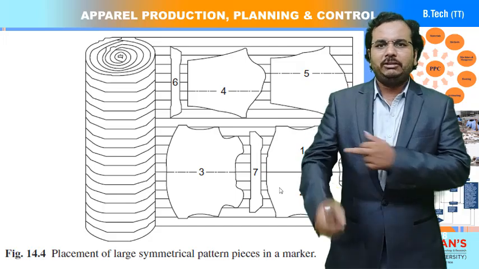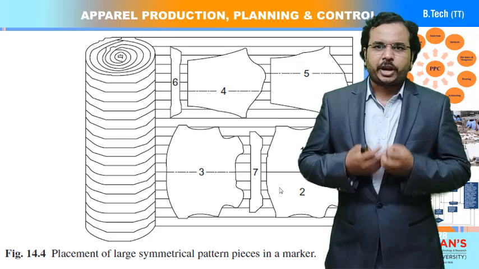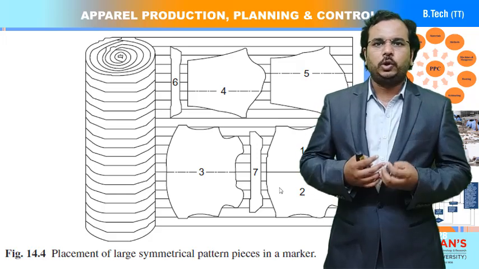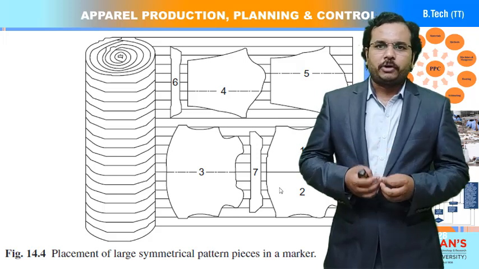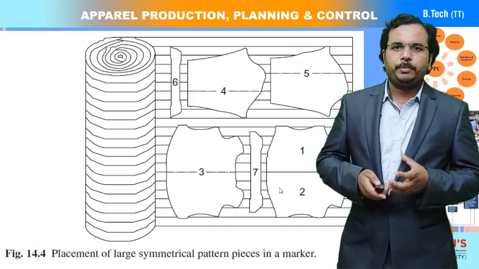Sleeve-to-sleeve variation will also be there. So many stripe pattern variations will occur if you do not follow any grain lines or center lines on the patterns. That is why it is very important.